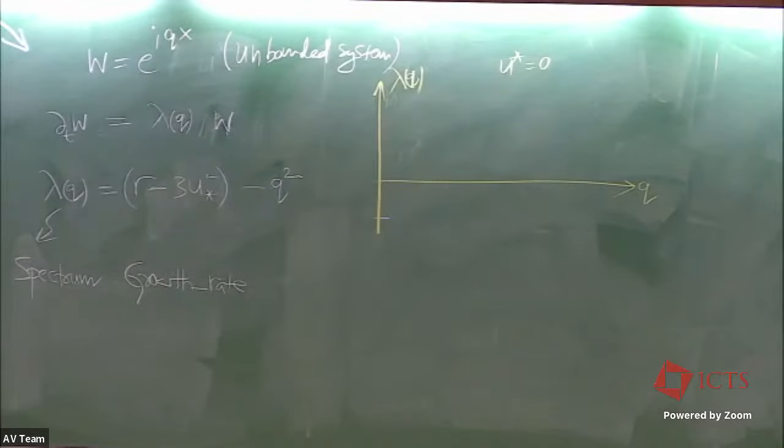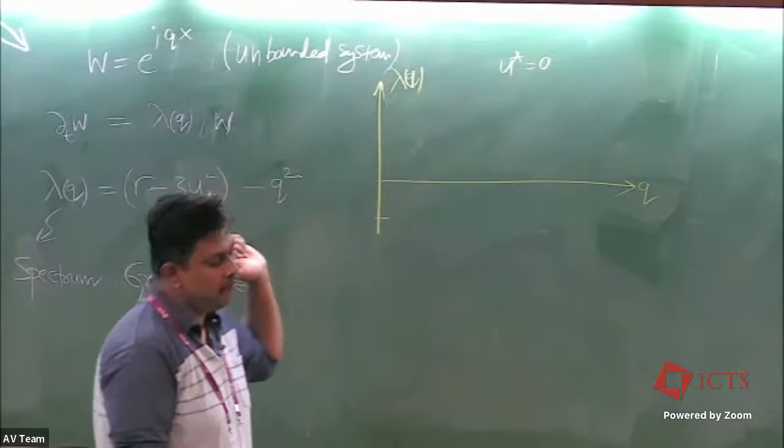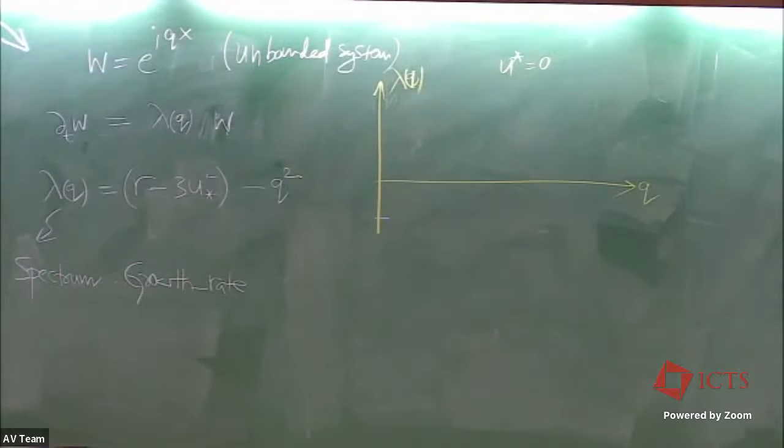I'm perturbing the PDE system about the homogeneous fixed points, putting in an inhomogeneous perturbation, linearizing the system, and writing the effective equation for the amplitude of the perturbation, and then asking whether that perturbation at wave number Q grows or decays. Now, that's a function rather than a set of eigenvalues. And I'm asking you to plot that function as a function of the wave number of the perturbation. Is this fine?